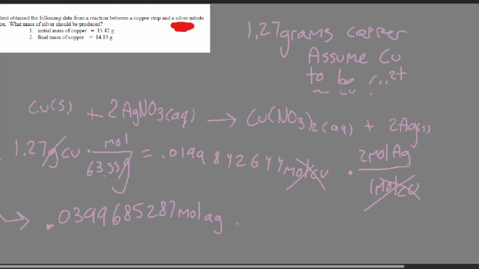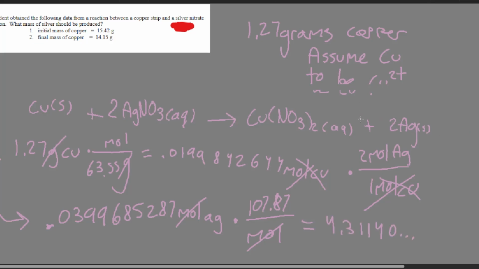And yeah, just get the grams of this, which should be, if my memory is correct. Kidding, I don't have the molar mass. I don't have every molar mass memorized. That's psychotic. Okay. Times 107.87.